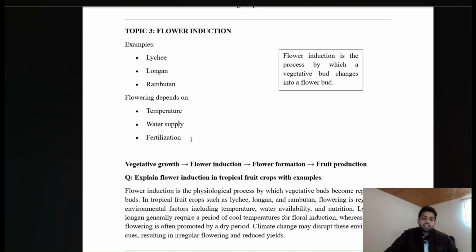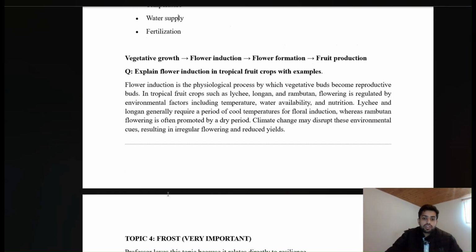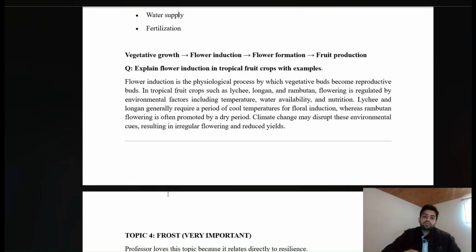But for here, there is a best question and answer form which you will understand very nicely. If the question comes, explain flower induction in tropical fruit crops with examples, flower induction is the physiological process by which vegetative buds become reproductive buds.